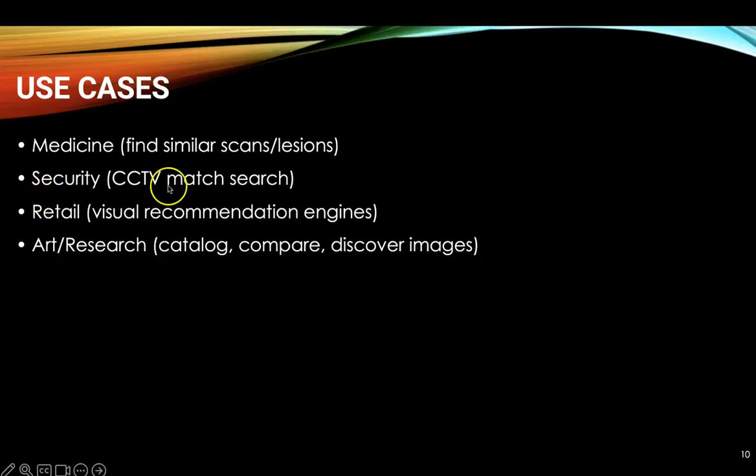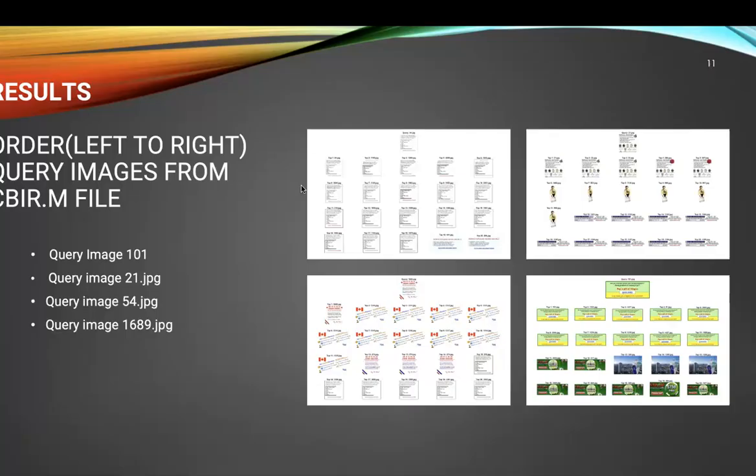This is also majorly used in security, basically a CCTV match search. Instead of searching CCTV footage by date and time, we can use specific features like a car or a number plate or any hidden details in the image, which is a very important use case in day-to-day life. And we also use this for searching art, research, and whatnot.